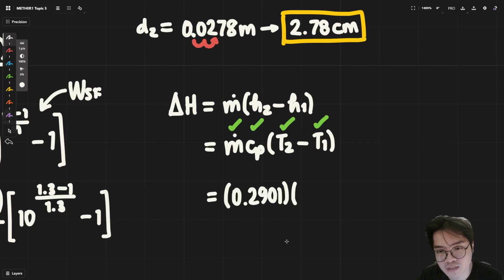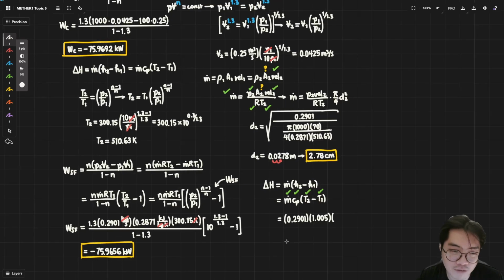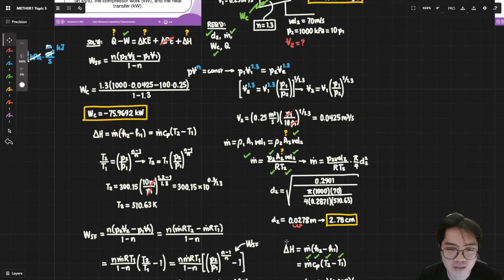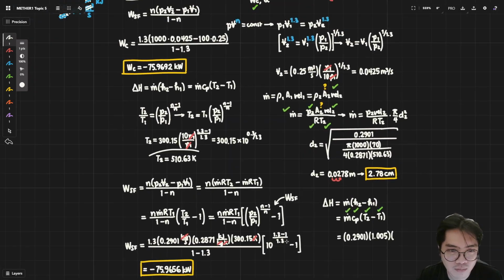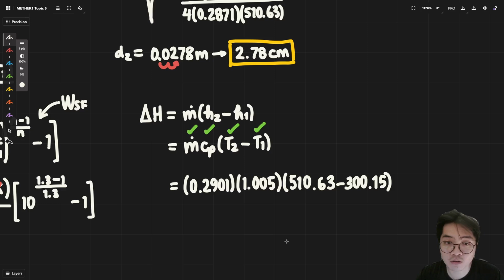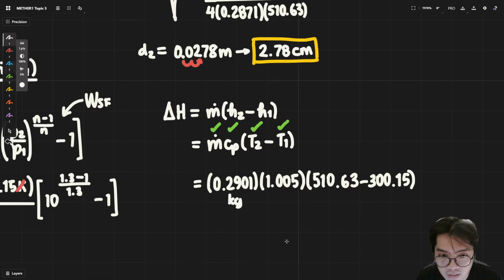Which is going to be 0.2901, and then your Cp is 1.005, and then your T2 and T1. I forgot to translate your T2 back into degrees Celsius, so it'll just stay that way in Kelvin. So 510.63 minus 300.15. Notice that this should be kilograms per second, kilojoules per kilogram Kelvin, and this is Kelvin.